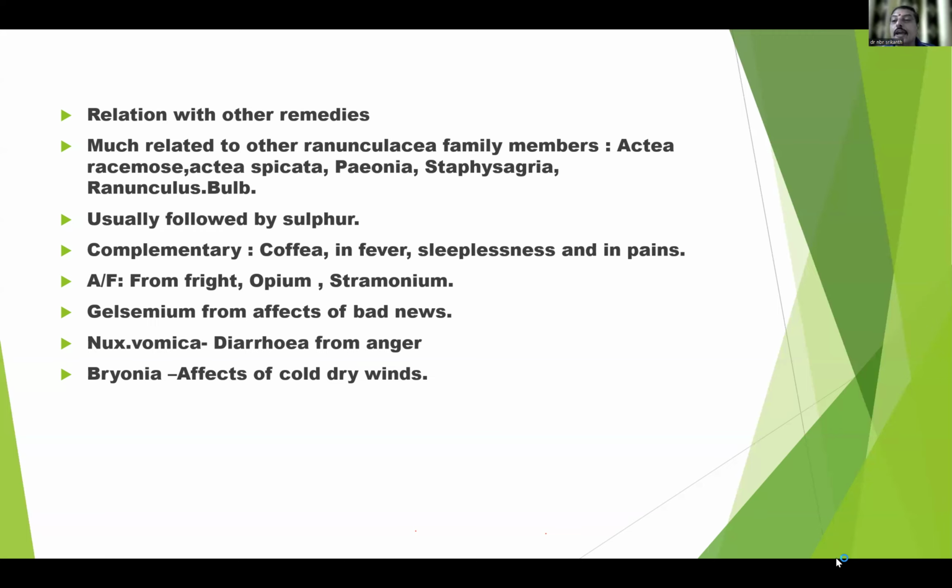So usually Aconite conditions are followed by sulfur. You all know that sulfur is a natural chronic of Aconite. It is termed as the complementary and chronic for Aconite. As I said, in that trigeminal neuralgia, the patient had come with violent frenetic pain and you gave Aconite 30, for example, for 1 or 2 days, and the remedy helped him a lot.